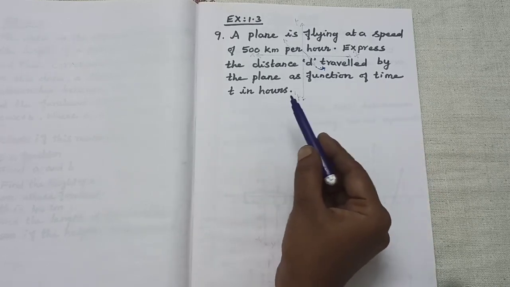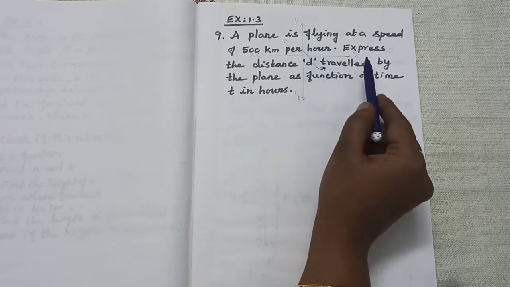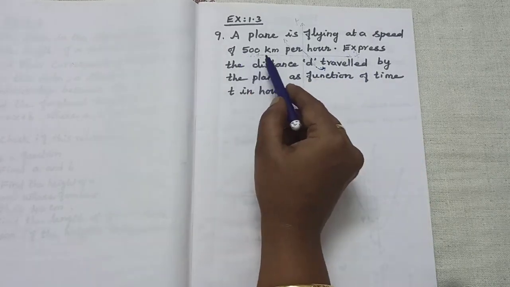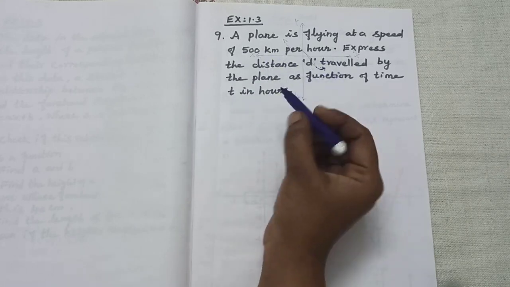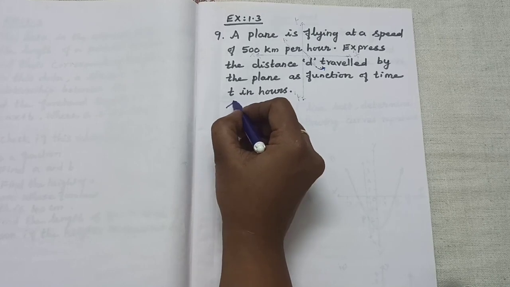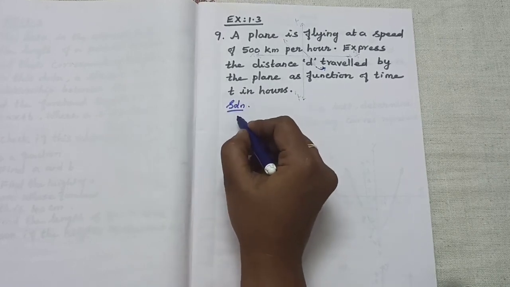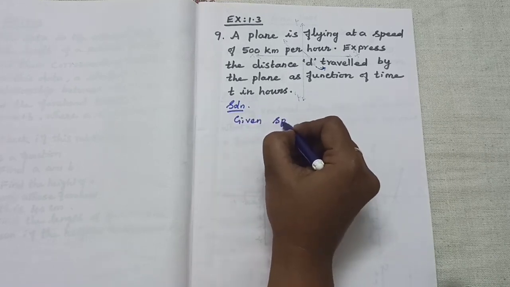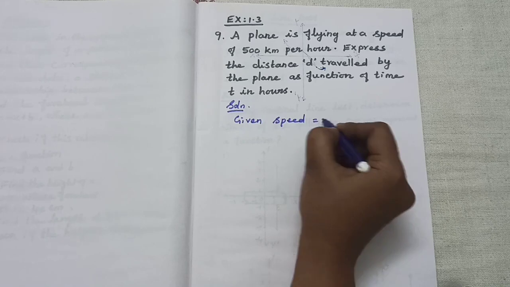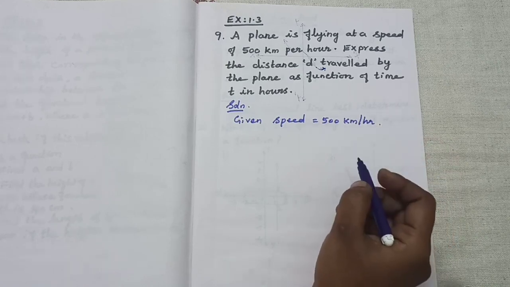Our question is to express the distance d traveled by the plane as a function of time t in hours. You know, speed, what is given? Speed is 500 kilometer per hour, isn't it? First we have to write what is given. Given speed equal to 500 kilometer per hour.